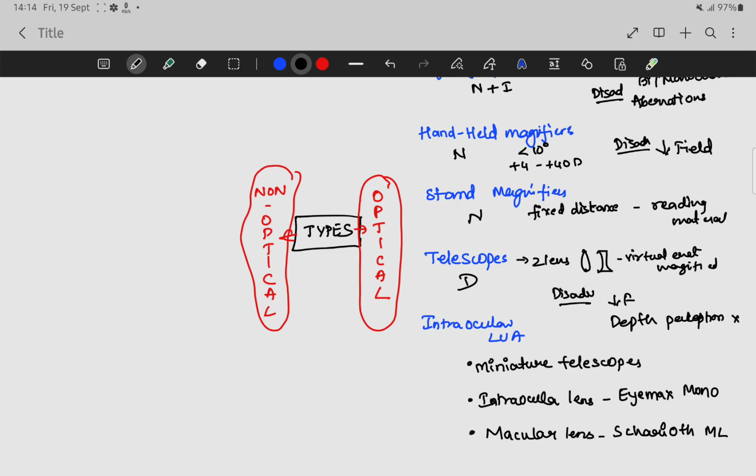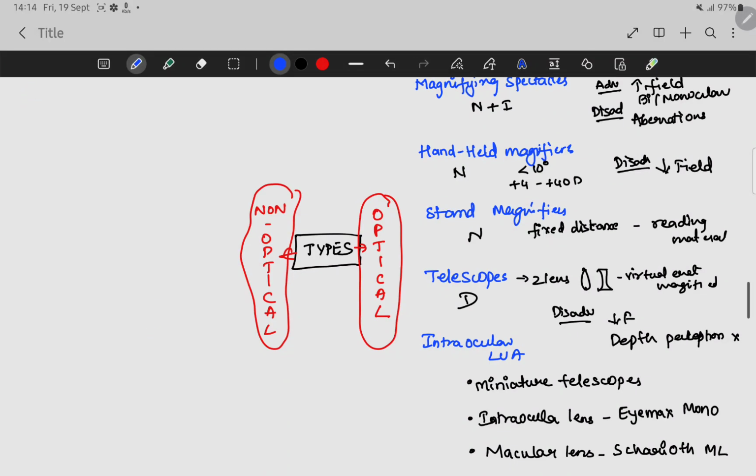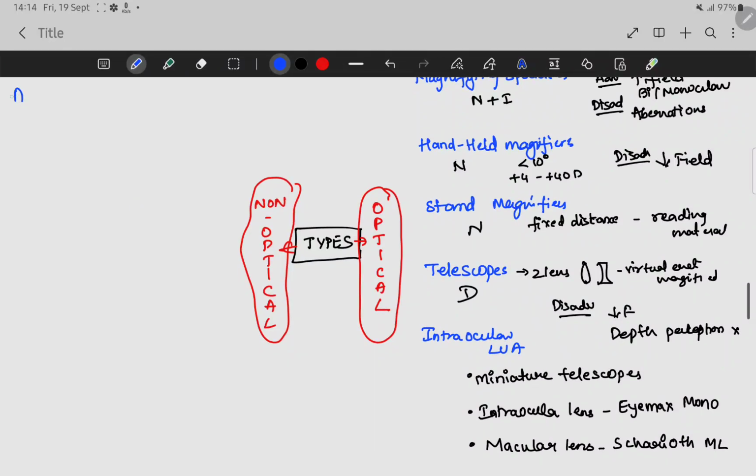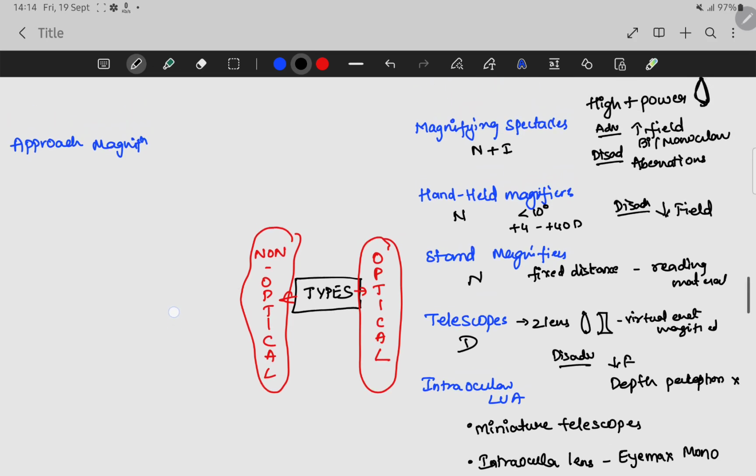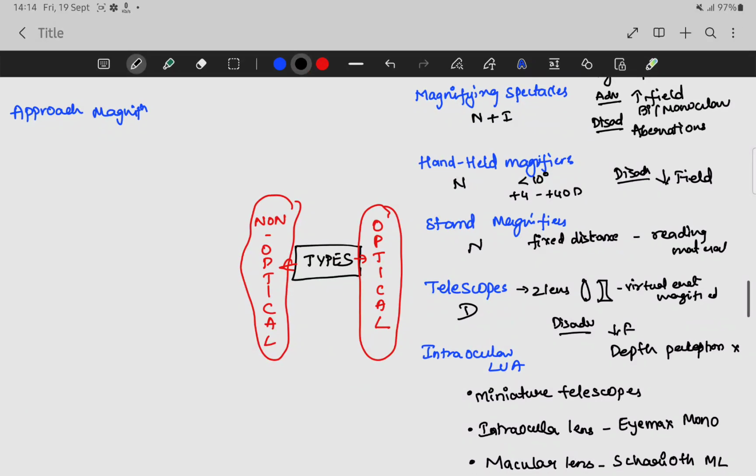Then coming to non-optical devices, we have approach magnification. In approach magnification, what is done? The patient comes closer to the source.